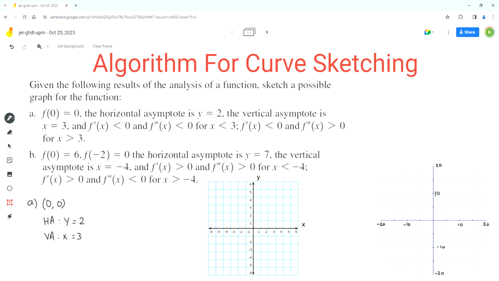So we can write down these things as our observations. And these behaviors are for x less than 3.